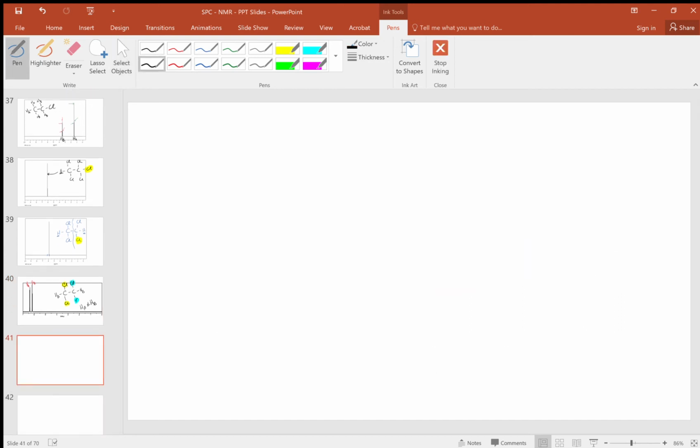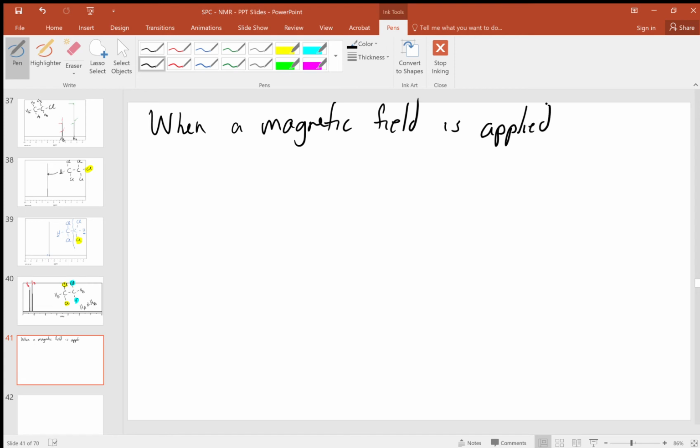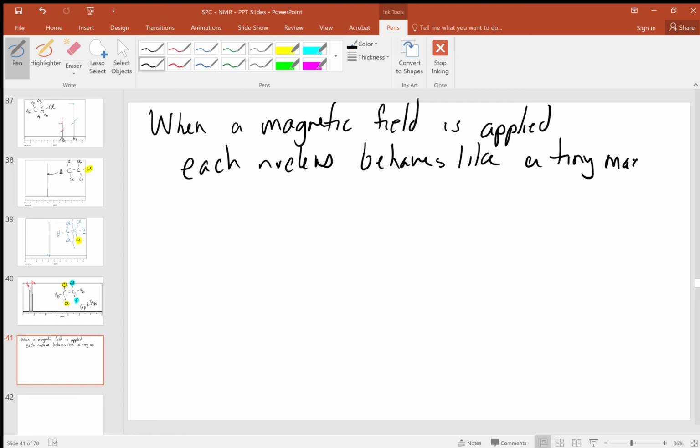Now we need to get into a little bit more of the theory with NMR. And the piece we need to know is that when a magnetic field is applied, each nucleus behaves like a tiny magnet. And when this happens, so here's our proton, or our nucleus.